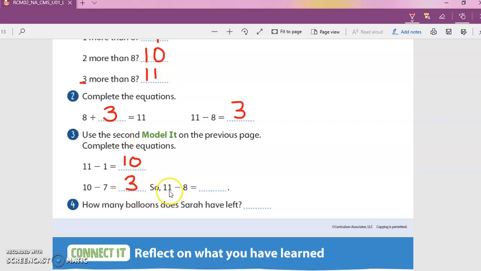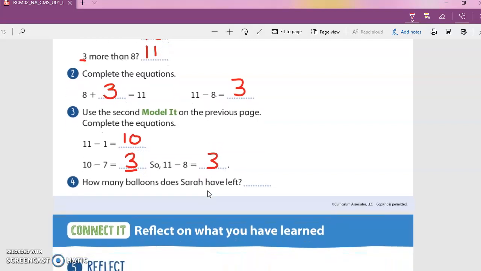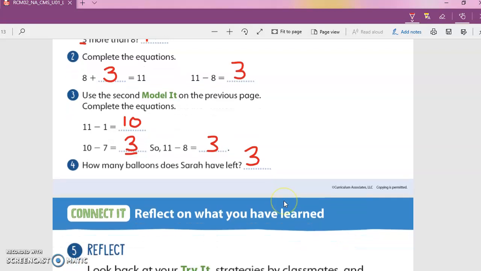So 11 minus 8, we got to here to solve the problem. 11 minus 8 equals 3. How many balloons does Sarah have left? She has 3.